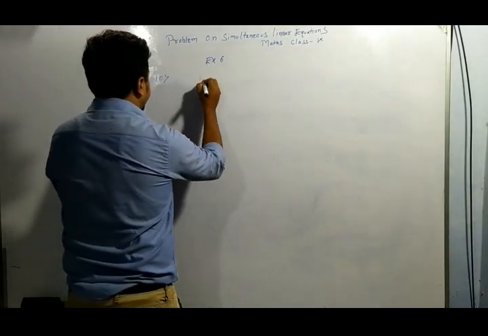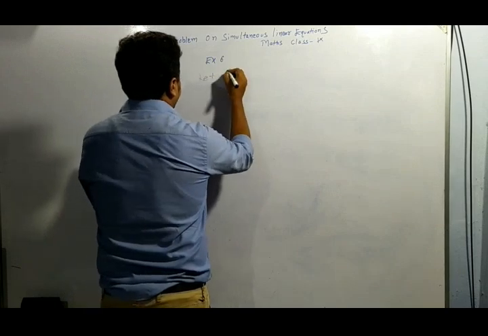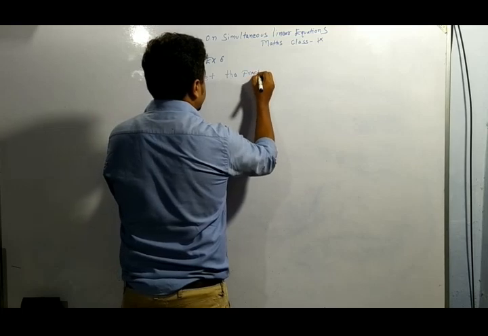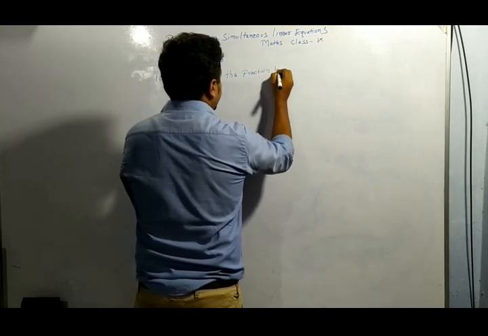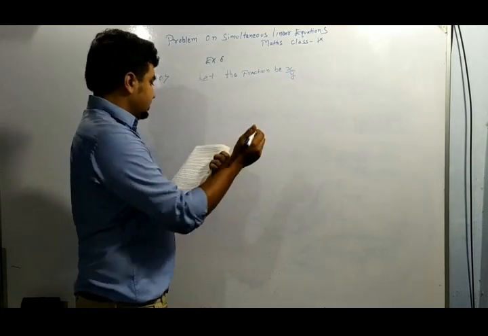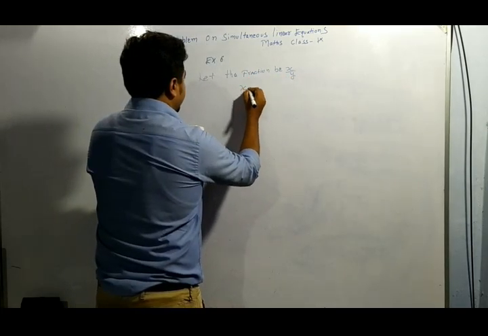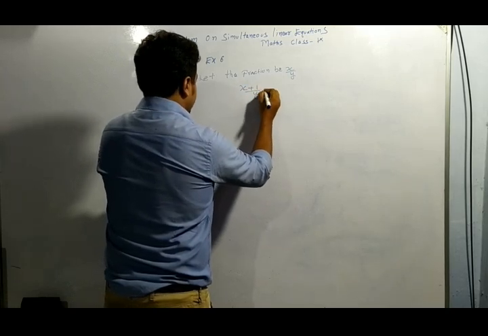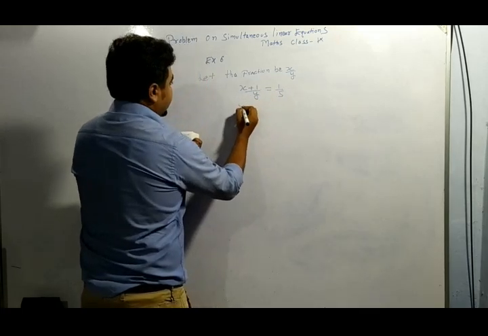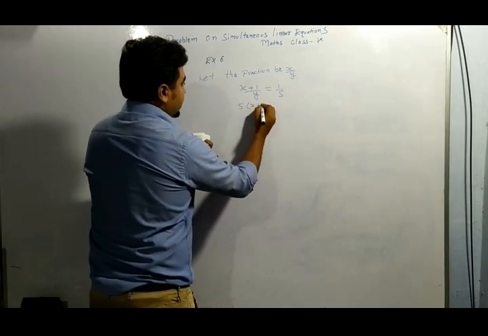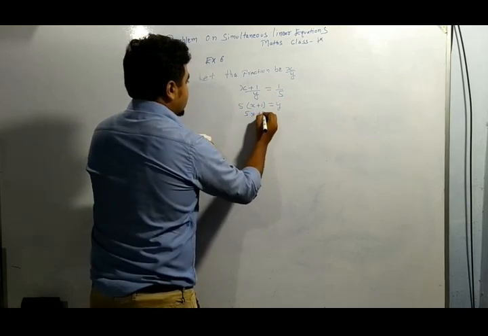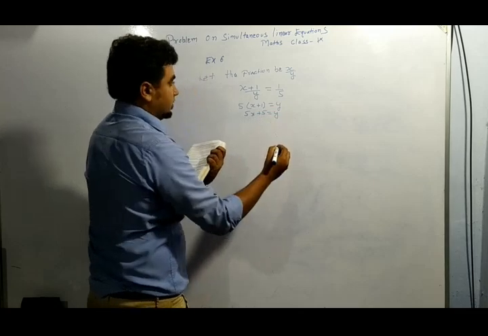I will be assuming let the fraction be x by y. And 1 is added to the numerator, so (x plus 1) by y is equal to 1 by 5. So it will be multiplied, 5 into (x plus 1) will be equal to y. 5x plus 5 is equal to y. This is the first equation I have got.